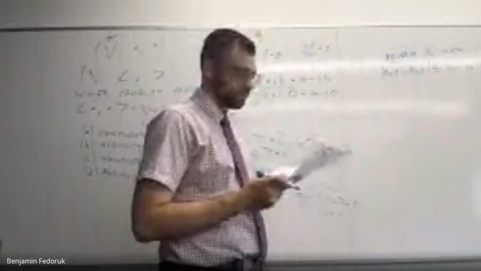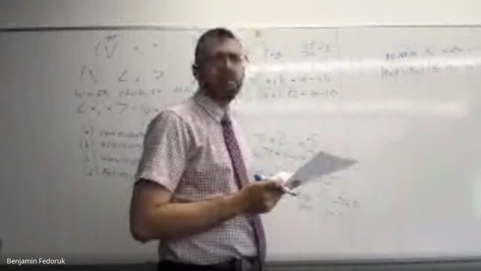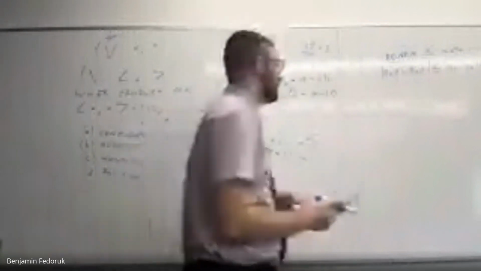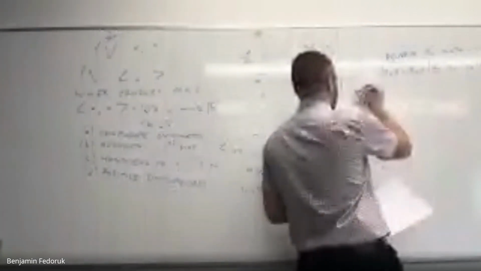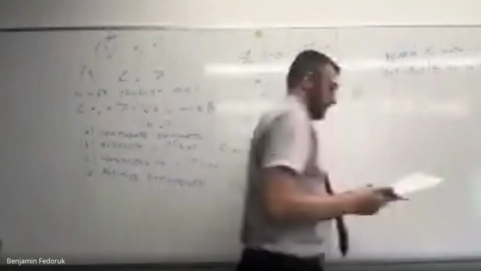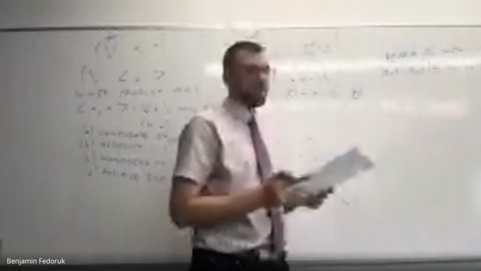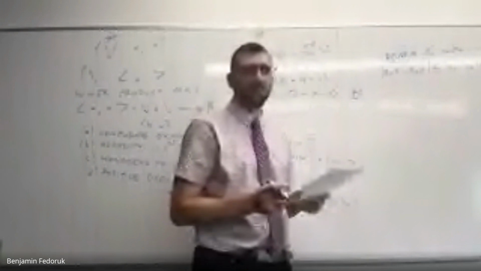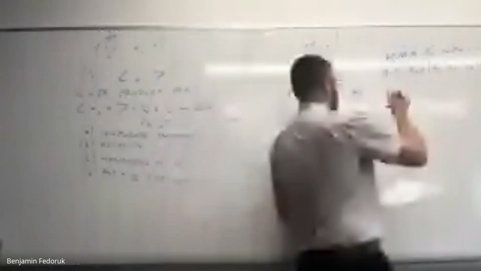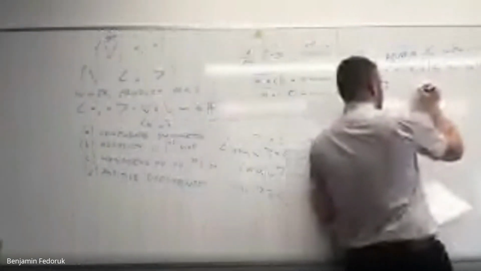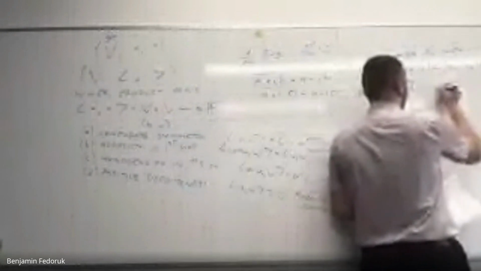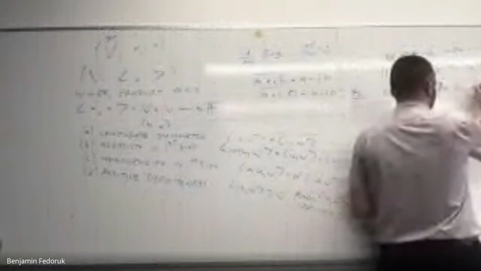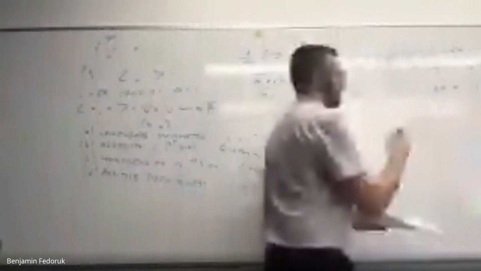Now I'm just going to give you an outline of the proof because I don't want to write out a full proof. I think it's sort of a waste of time at this point, but actually, do you want me to write out a full proof? Yeah? Okay, then we'll do it. So let's let big V be a vector space.